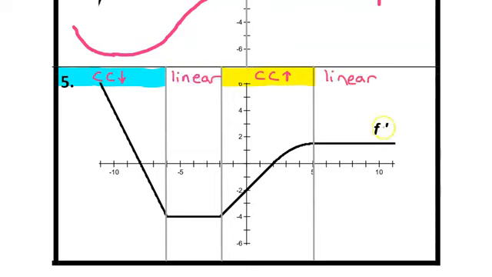Because we are given the graph of f prime, which represents the slope of function f, we can be more specific about these linear intervals. Function f will have a slope of -4 in this interval. And in this interval, function f will have a slope of about, I'm going to call it 1.5.